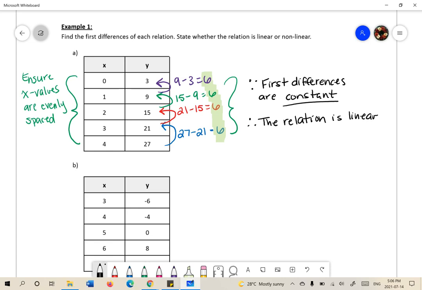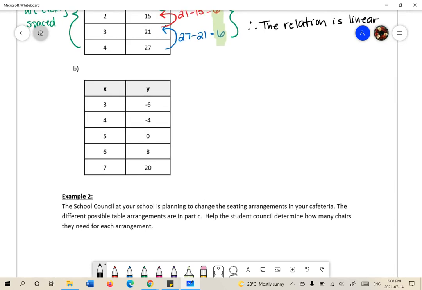Let's practice again in B. First, we've got to check our x values. Are they evenly spaced? Yes, they're all evenly spaced, all increasing by 1.